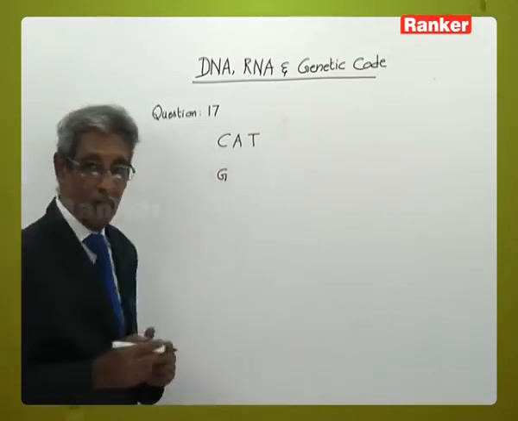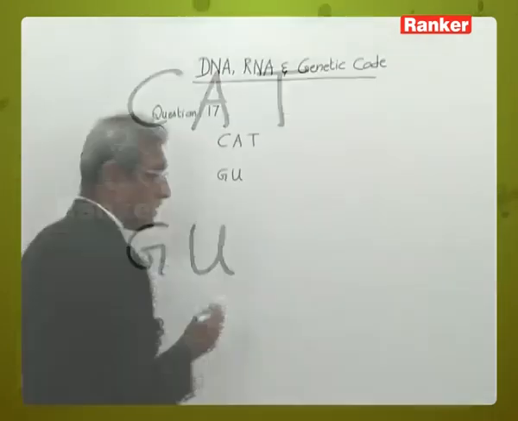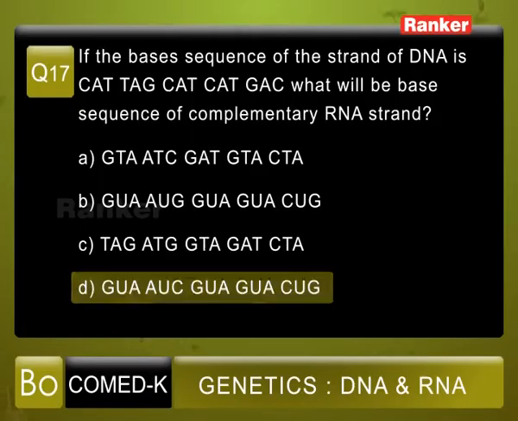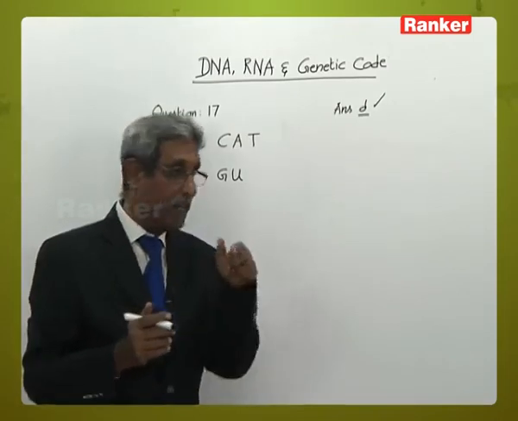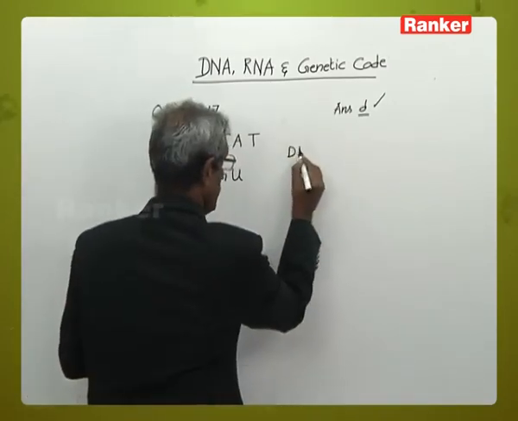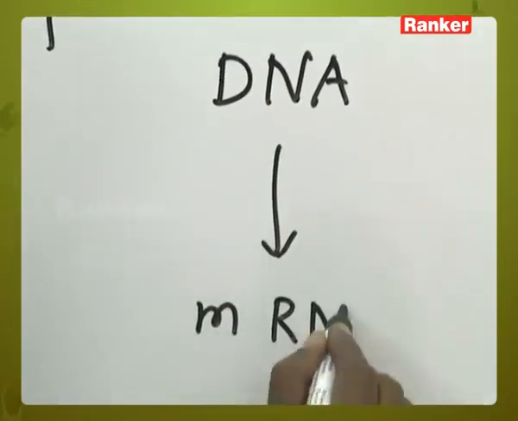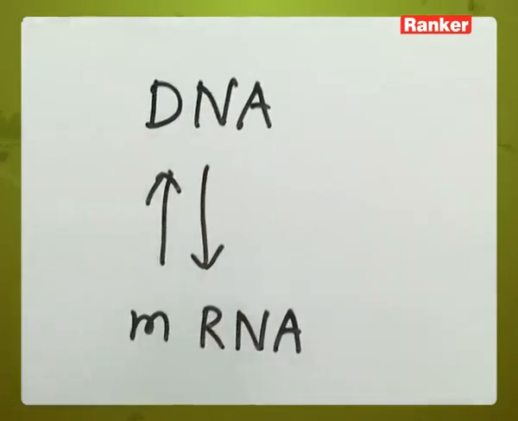But again, since you are taking A and U joined together, keeping this as a fundamental priority, the correct answer is D. So, always the student should note the ATGC base pairing and look out for similarities and differences, because given the sequence of the DNA, a sequence of the mRNA can be asked, or sometimes given the mRNA sequence, even the sequence of the DNA can be asked.